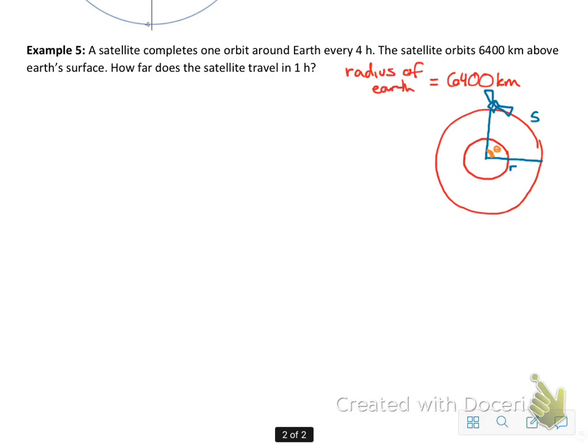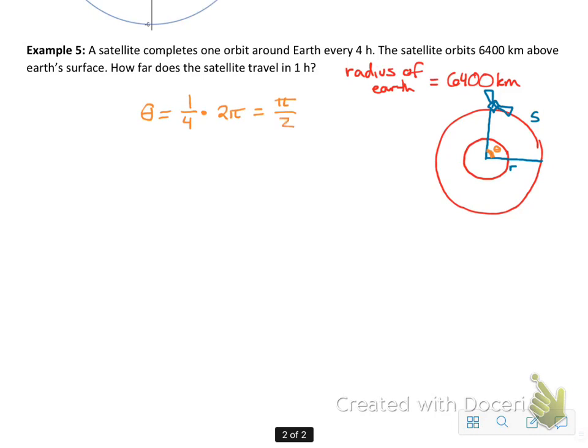So we really want to find s when theta is a quarter of the whole distance all the way around the Earth. It takes 2 pi to get all the way around, so theta is a quarter of 2 pi. So that angle is going to be pi over 2.